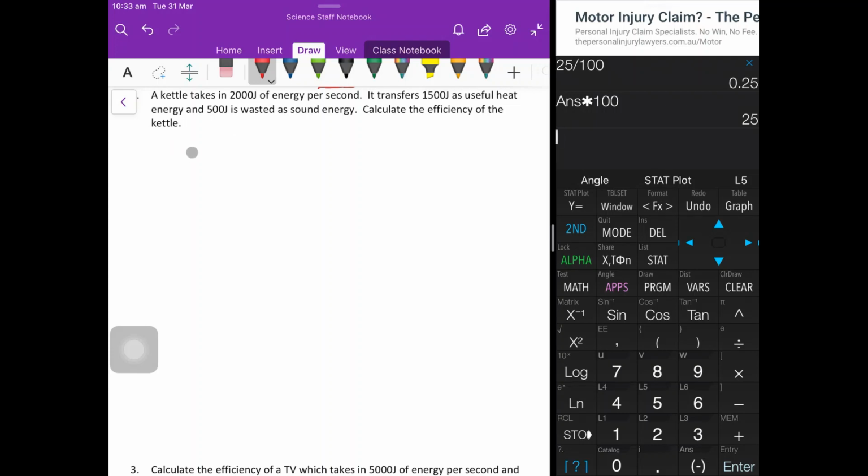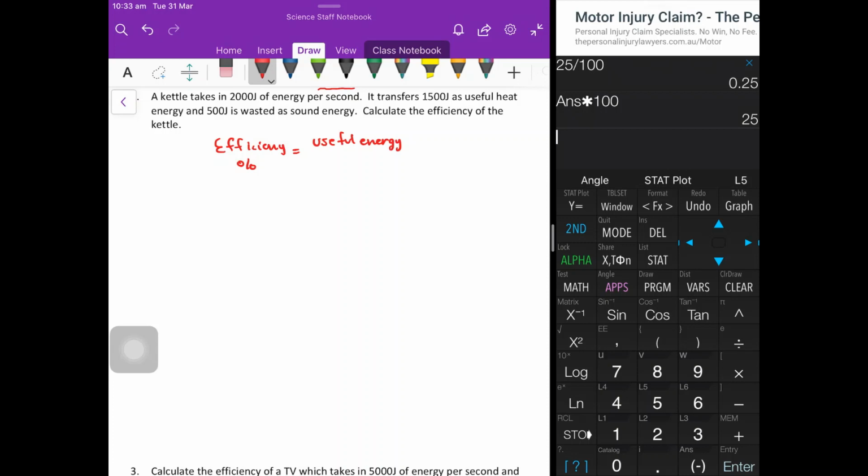This one's also asking us to calculate efficiency, so let's write in the equation. Okay, so efficiency is equal to useful energy divided by input energy multiplied by 100.